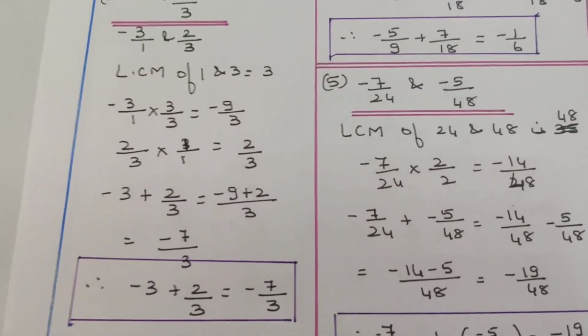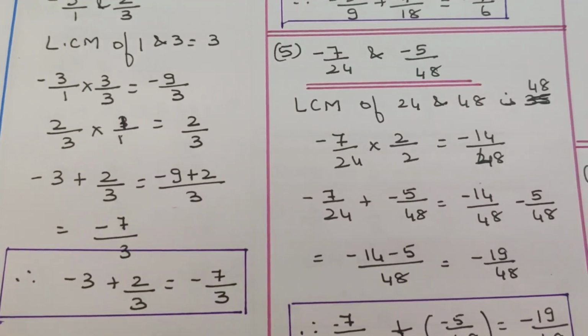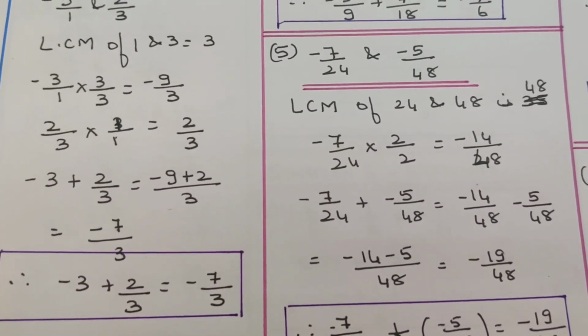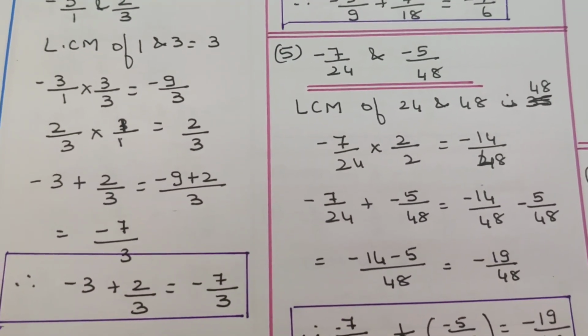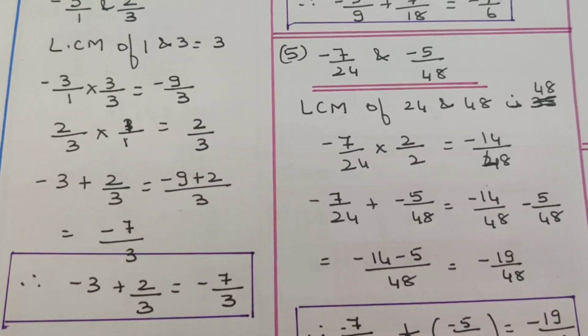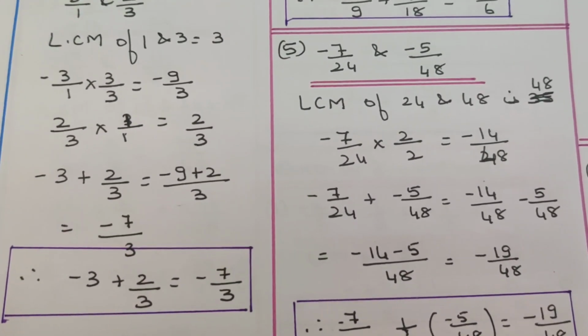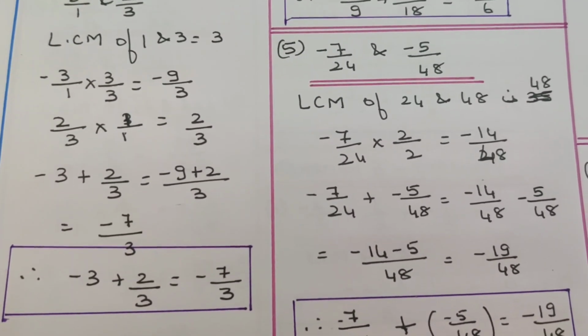The next question, minus 7 by 24 and minus 5 by 48. LCM of 24 and 48 is 48. So now one number has already got the denominator as 48. So only convert minus 7 by 24 to have a common denominator of 48, and it becomes minus 14 by 48.